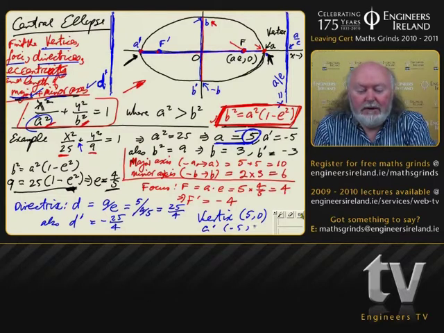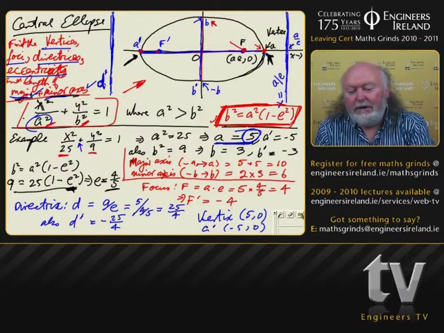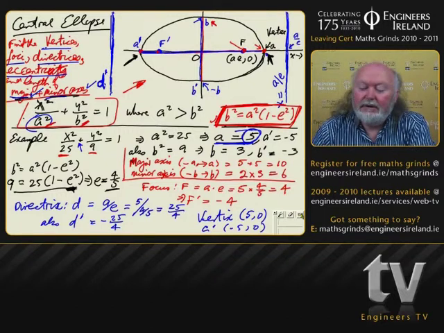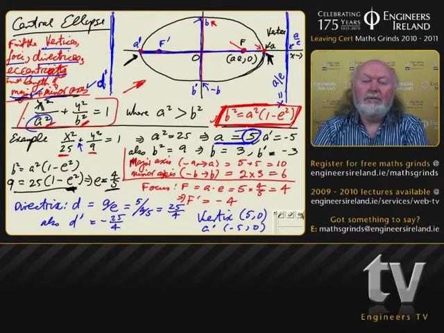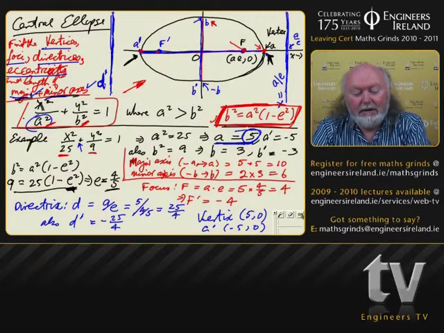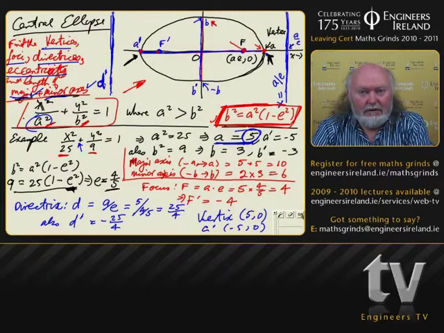This is junior cert mathematics. However, it is relating to a very important shape, that of an ellipse. Basically everything you're going to get, as far as I can see having looked at quite a number of years of past papers, in relation to the geometry of the ellipse, we've covered already.